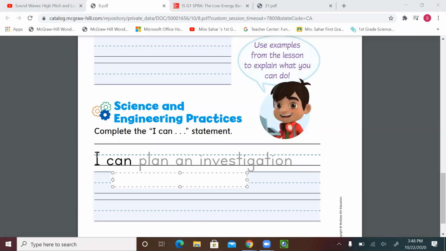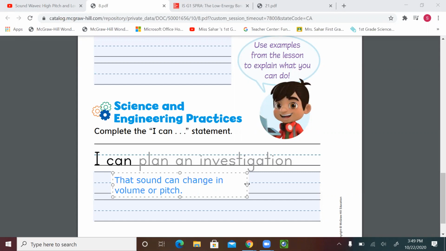All right. So we're going to start right away with that. Sound can change in volume or pitch.